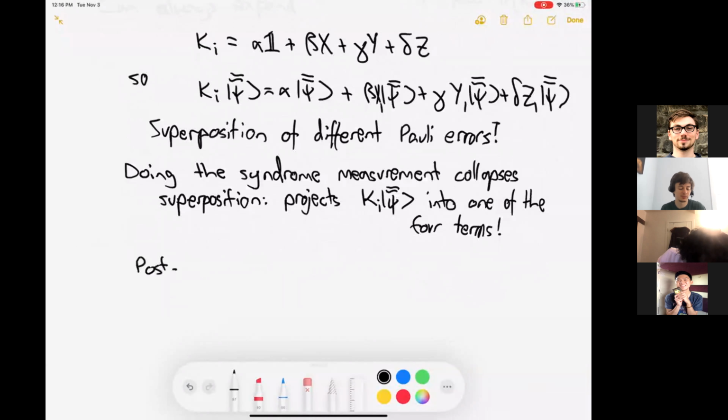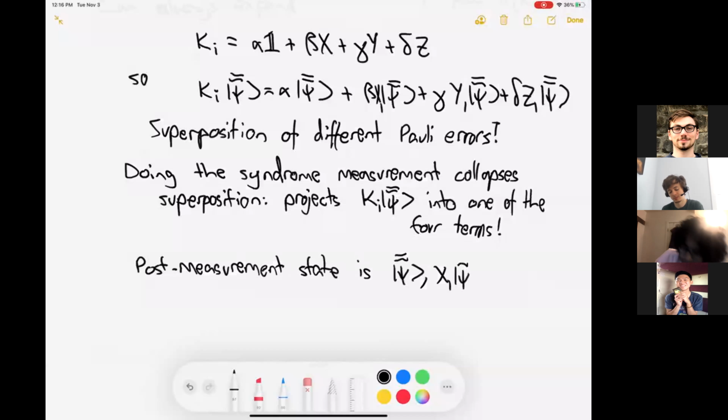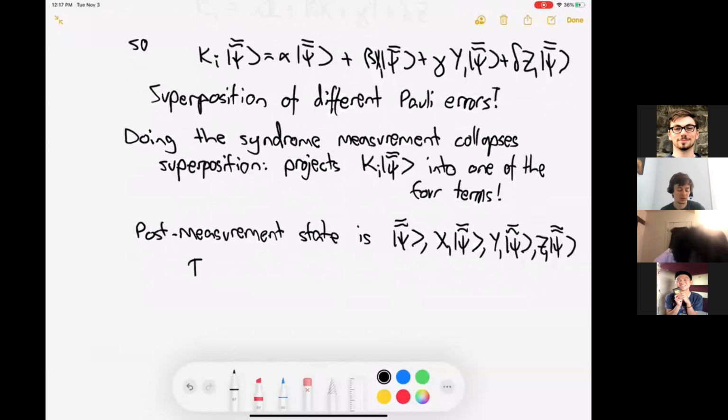So post-measurement, the state is either psi double tilde, x1 psi double tilde, y1 psi double tilde, or z1 psi double tilde. And then we just do the error correction to recover the original state.